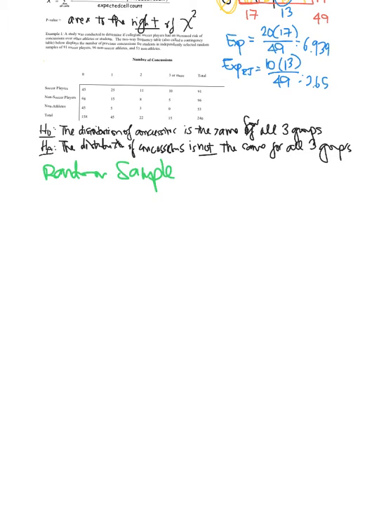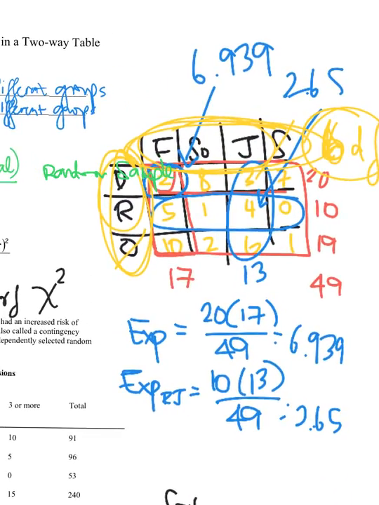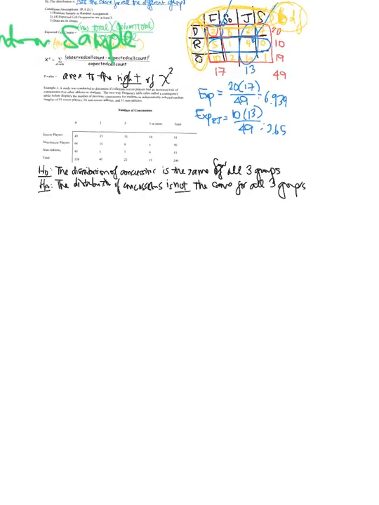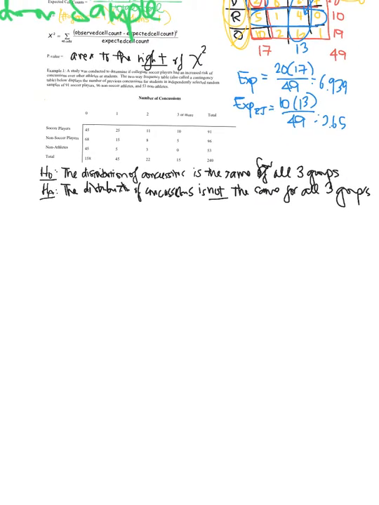For the second condition, we need to check those expected counts. Now, I'm not going to have you do this whole thing for every single cell. That would take forever. Your calculator can actually find the expected counts for you.